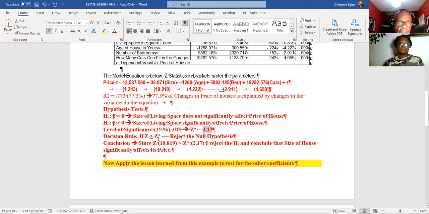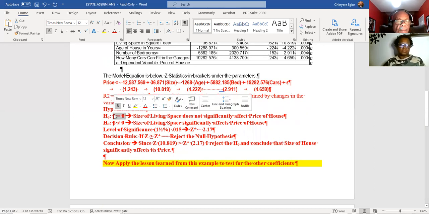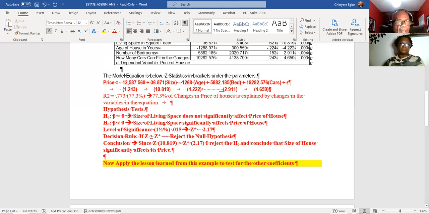If Z is greater than the critical Z value, then we reject the null hypothesis that B is equal to 0, that that particular independent variable has no significant effect on the dependent variable. Once we reject that null hypothesis, then we conclude that that particular independent variable does have a significant effect. Got it? Okay, so this is the first example.